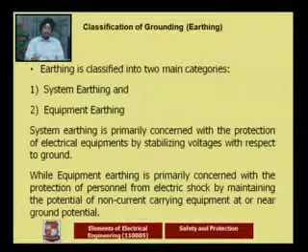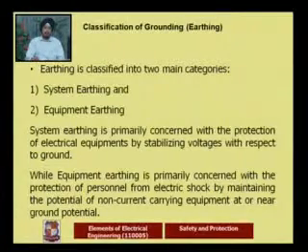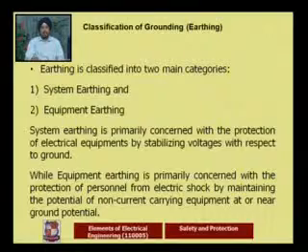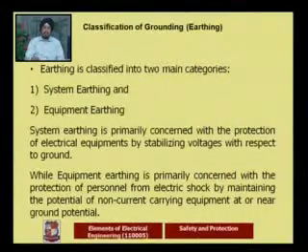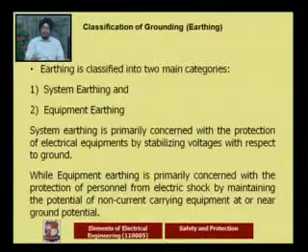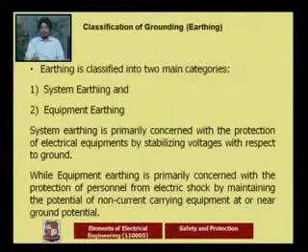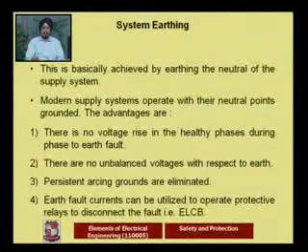Equipment earthing is primarily concerned with the protection of persons from electrical shock by maintaining the potential of non-current carrying equipment at or near ground potential. So it will protect human life by maintaining non-current carrying equipment at a ground potential. That is called the system earthing.